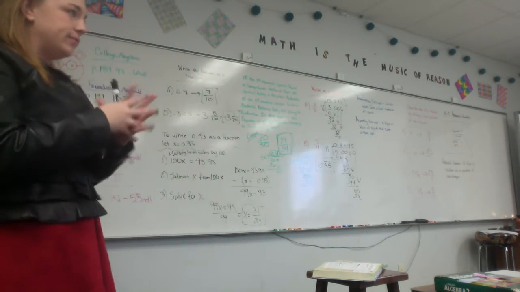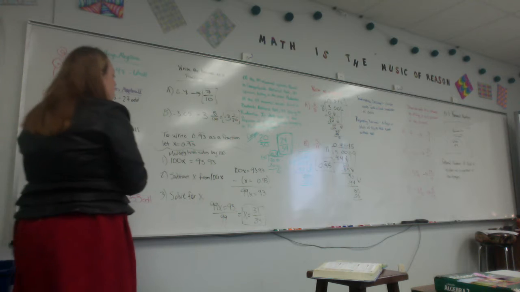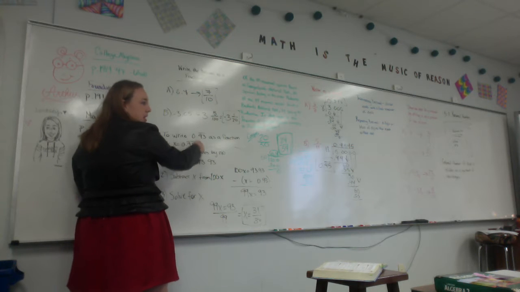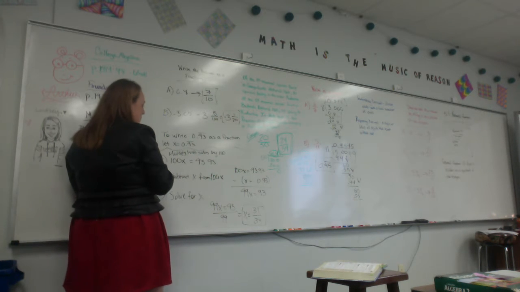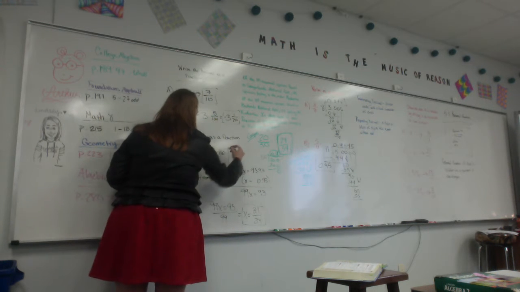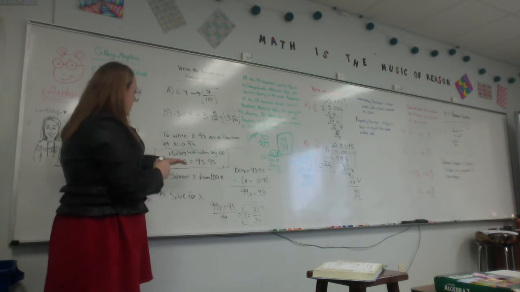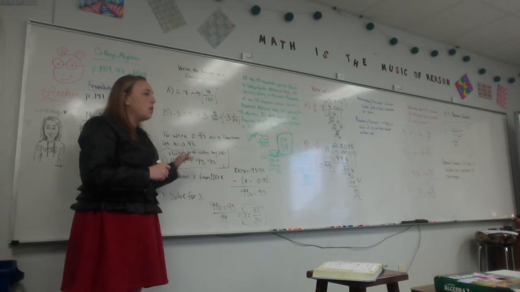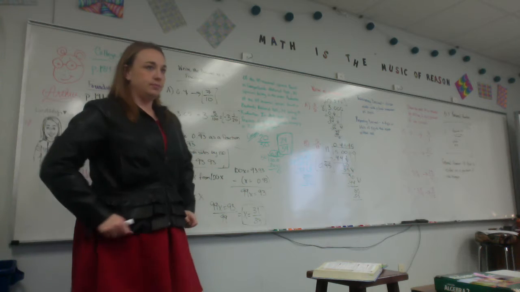Let me represent 0.93 repeated as x. X equals 0.93 repeated. You're going to start by multiplying both sides by 100. So I'm going to get 100x equals 93.93.